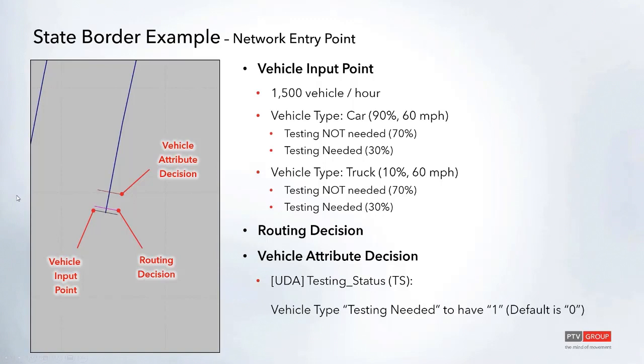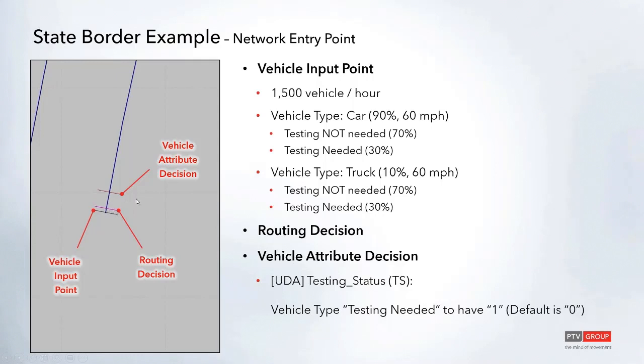So in this case, we're going to have all of the vehicles entering the network, and we've created a couple of different vehicle types. Some will be considered testing not needed, and some will have testing needed. We have both of these for both cars and trucks. As vehicles enter the network, they'll pick up a routing decision to go to that initial screening area.